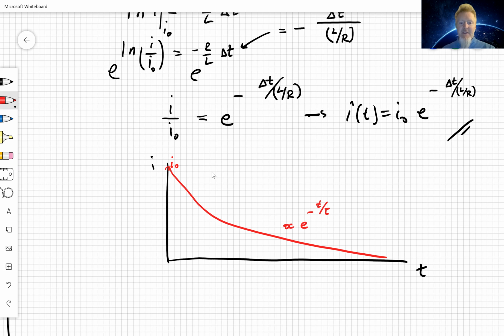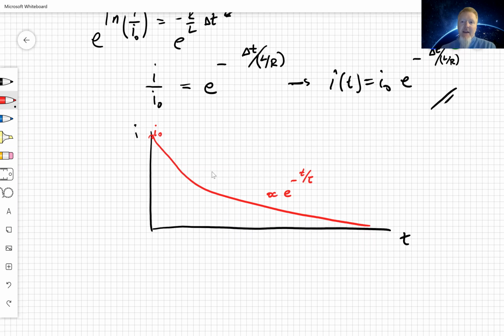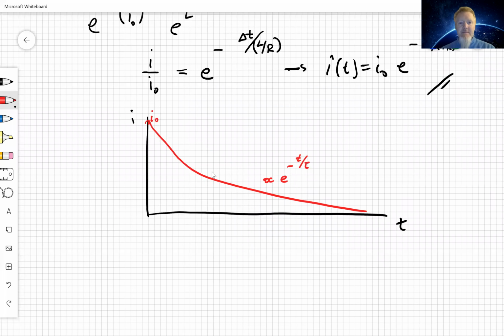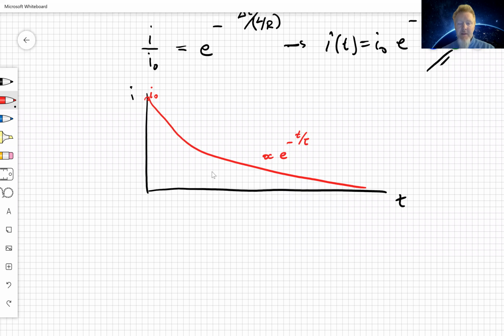It's the time that has elapsed after which the amount of current has dropped by 70% or so. Anyways, that's what that looks like.